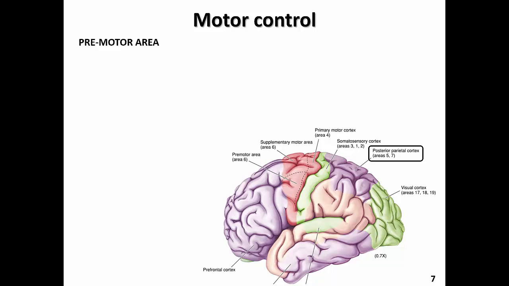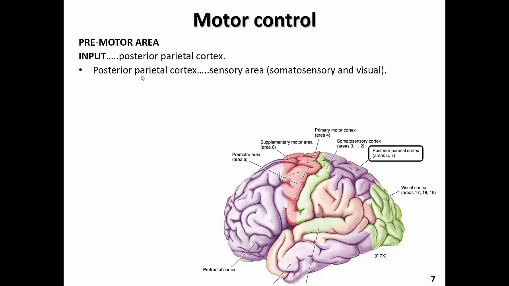In terms of the premotor area, which also sits rostral to the primary motor cortex, the premotor area receives input from the posterior parietal cortex, remembering that this region, which is located caudal, or in this image here, posterior to the central sulcus, is sensory in nature.